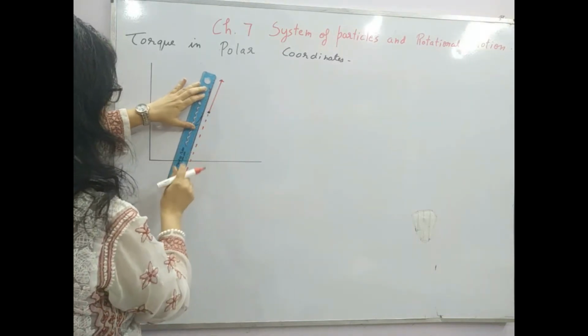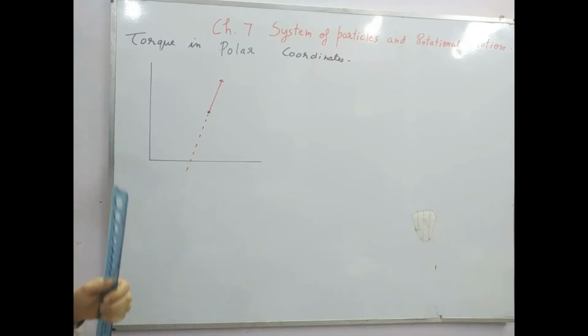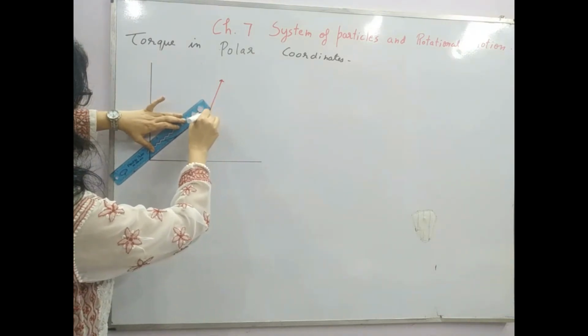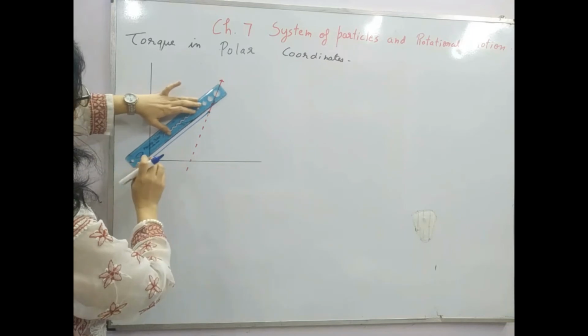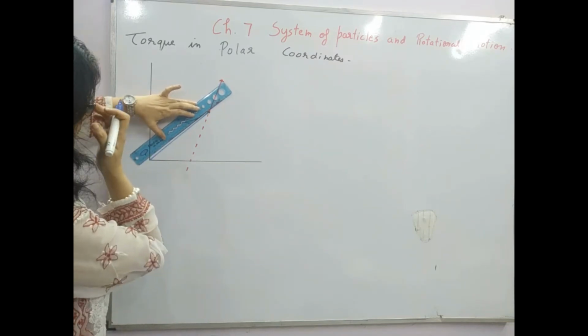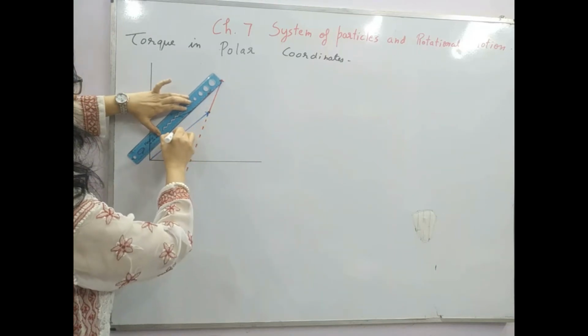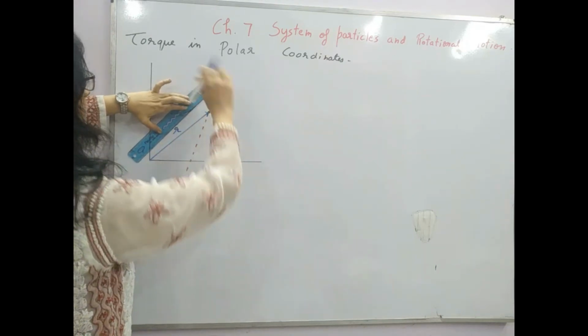This is the construction, and the line joining this origin to the point of application of force is r vector. So if I'm extending this direction, there is no need to extend in this case. So this is r, right?